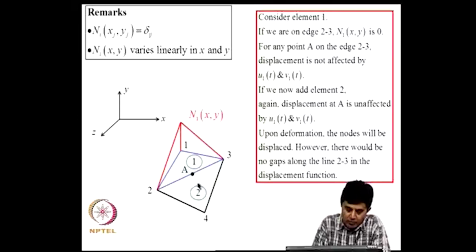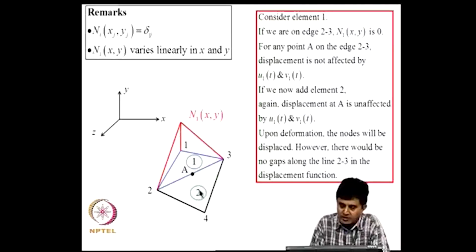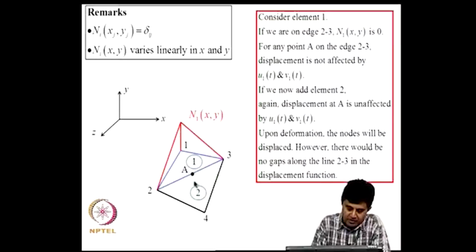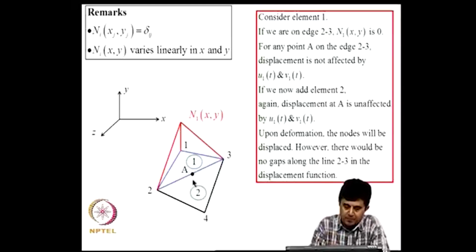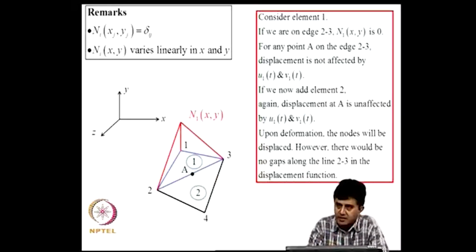By the way we assemble, the nodal values at 2 and 3 are common to both elements 1 and 2. That means the displacement field will be continuous across this edge. There will not be any gaps or discontinuities here. That is the consequence of the way we have constructed the shape function.